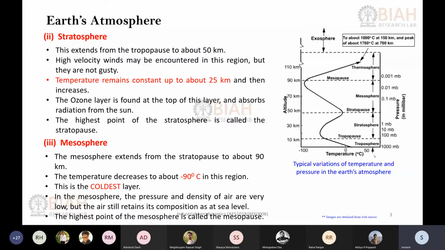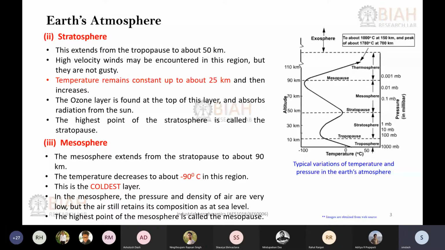You can see that the temperature range goes from negative to positive there. So it increases there, whereas in the mesosphere it is reducing. This is sometimes called the coldest atmospheric layer, because you can experience around minus 90 degrees Celsius at a certain height.